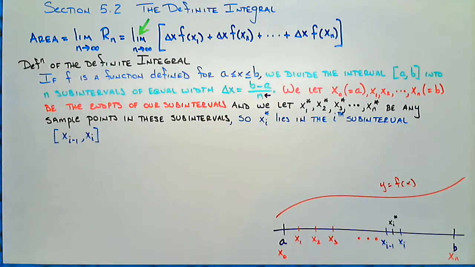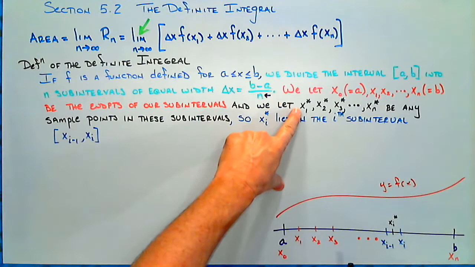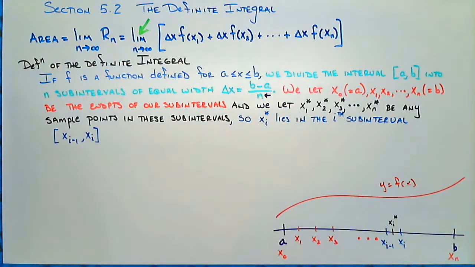Now, if that's confusing, and sometimes it can be with these subscripts, i minus 1, i, we can get a little confused. Let's go back to the beginning. Where does x sub 1 star live? Well, we said it lives in here somewhere, so we'll just pick this as our x sub 1 star right here. If we take a look at this, x sub 1 star lives between x sub 0 and x sub 1.